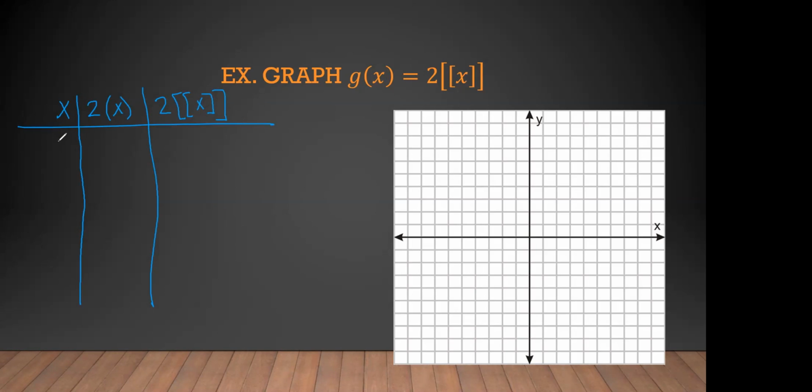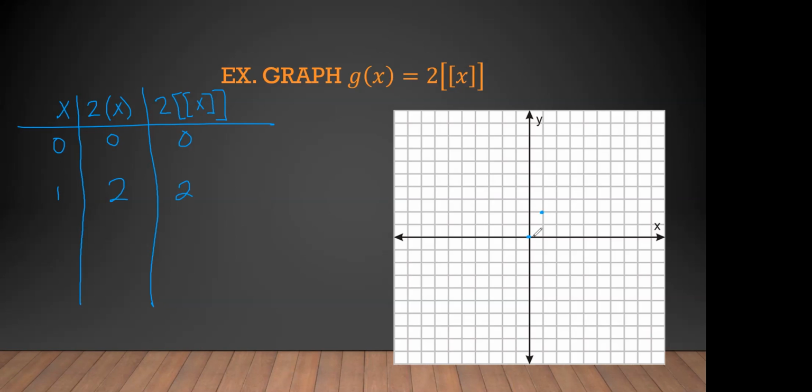So if I plug in 0 for x, 2 times 0 is 0, so the step function would be 0. I would have a point at (0, 0). Then if I plug in 1 for x, that would be 2 times 1, which is 2, and my value would be 2. So I would have a point at (1, 2), right?